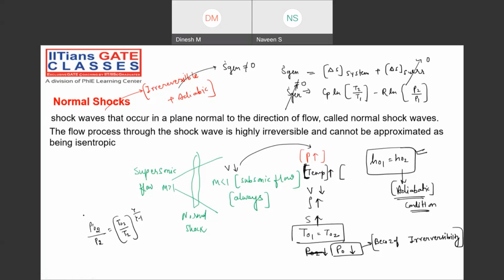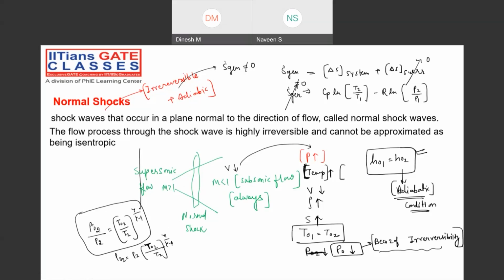Actually, when you see from this correlation, because of irreversibility the stagnation pressure has been reduced drastically. Now you can understand from here also, P02 is P2 times T02 divided by T2, to the power gamma by gamma minus 1.